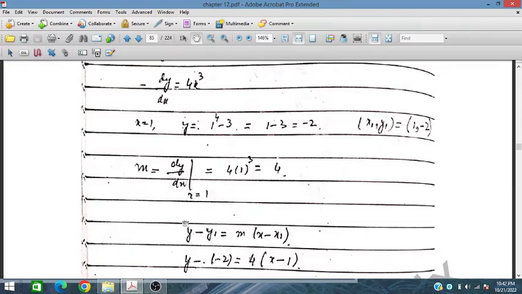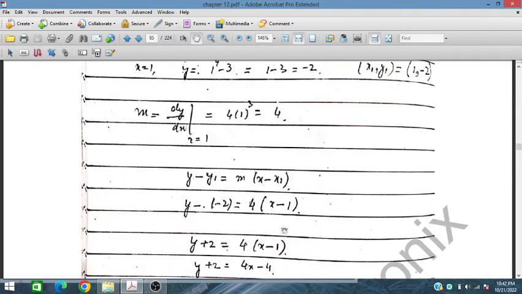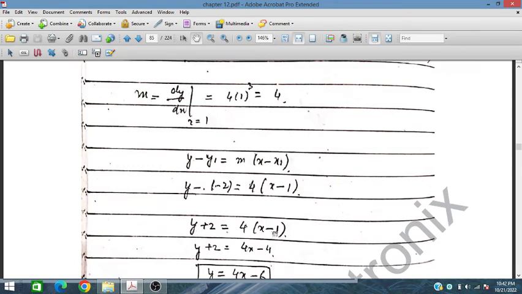Placing this value 4 here, the line is passing through this point, so we place x1 as 1 and y1 as minus 2. So y minus (-2) is equal to 4(x minus 1), and y plus 2 is equal to 4x minus 4.